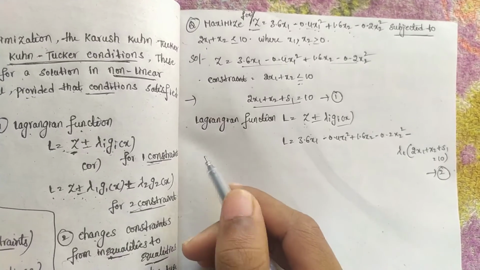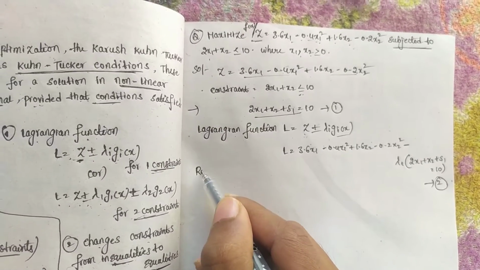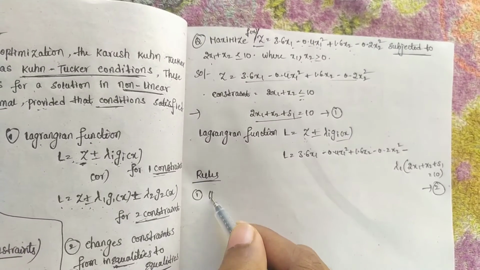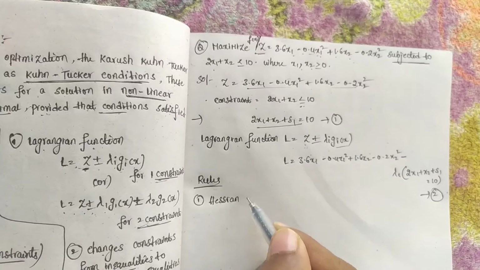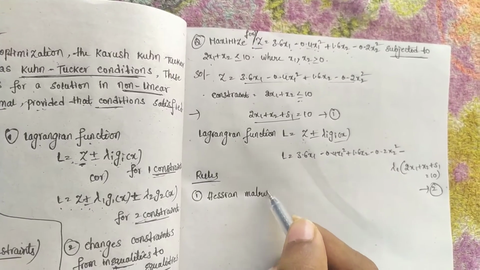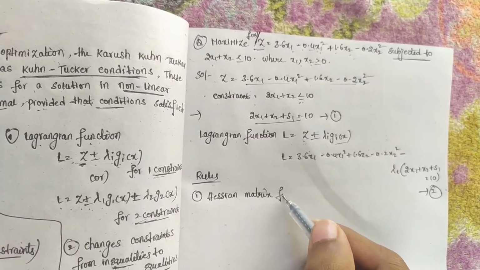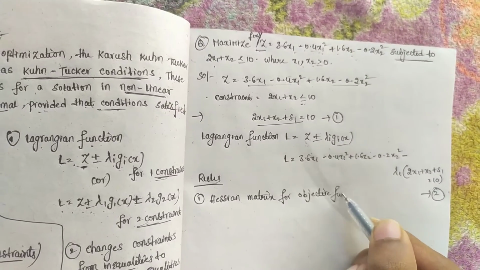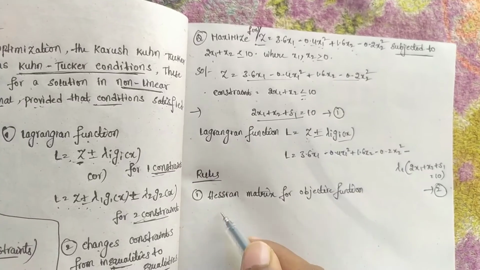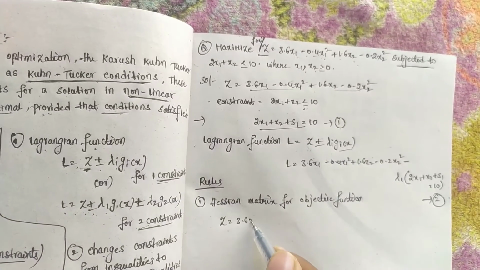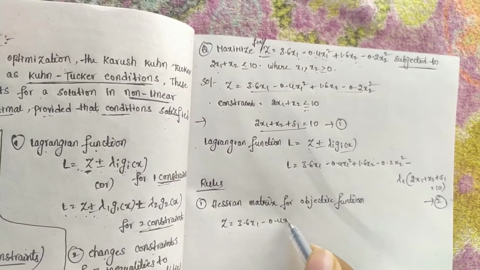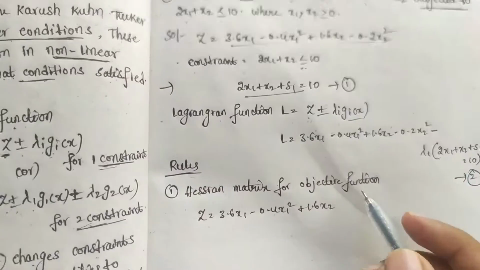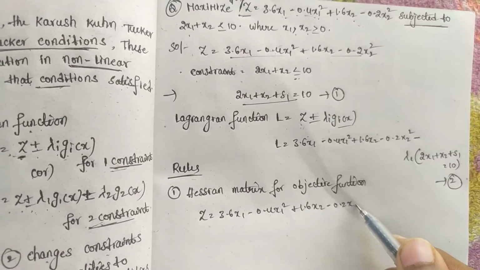Now we have to prove the nature of the function. First, we have to find the Hessian matrix for the objective function, that is z equals 3.6x1 minus 0.4x1 square plus 1.6x2 minus 0.2x2 square.